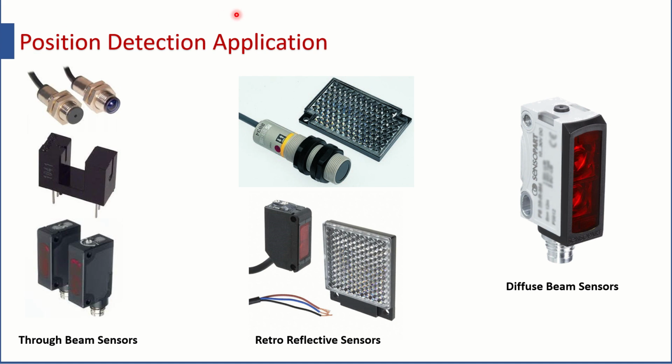The rotating disc has holes at its circumference, continuous holes: one hole, some gap, another hole, some gap, like that. Then if the disc rotates, at one point the light will pass, and at another point it will be stopped. So what you get is a train of pulses at the output.